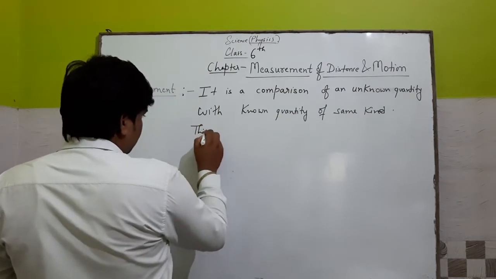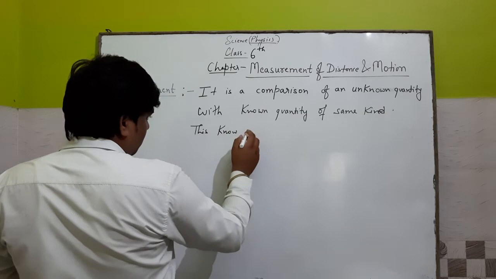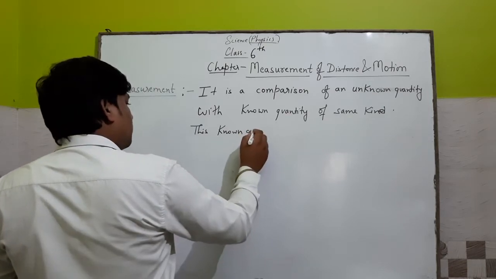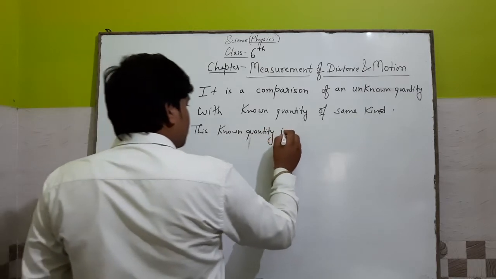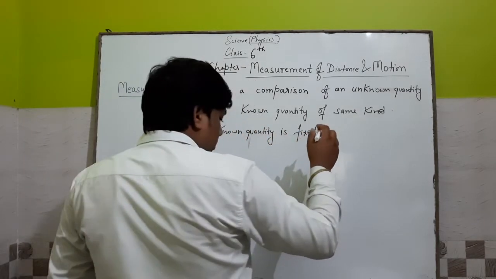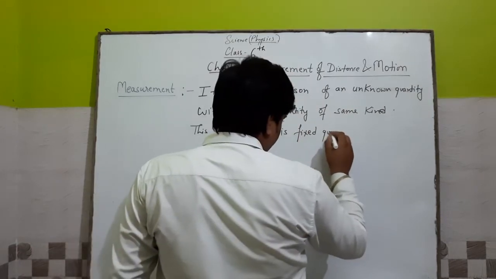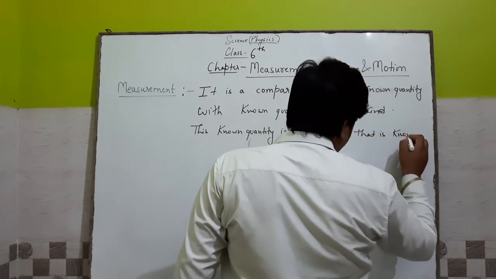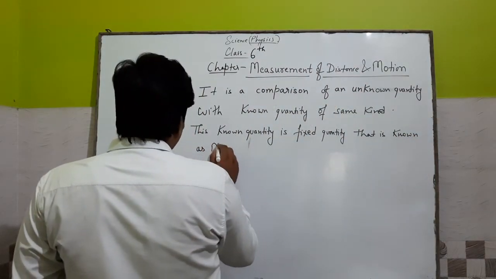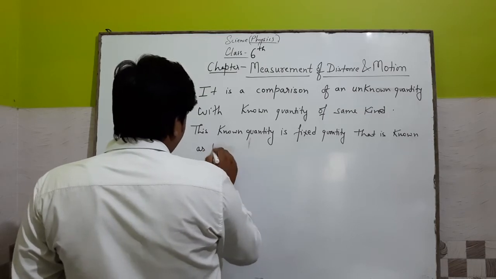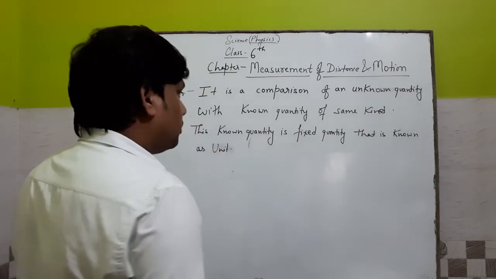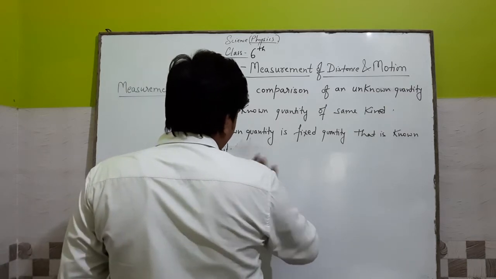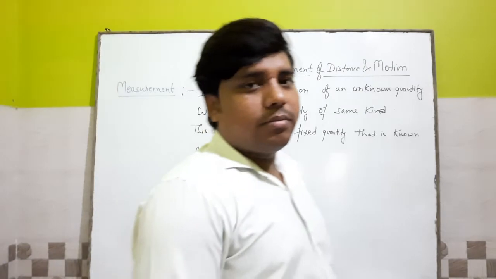This known quantity is a fixed quantity that is known as unit, and this process is known as measurement.